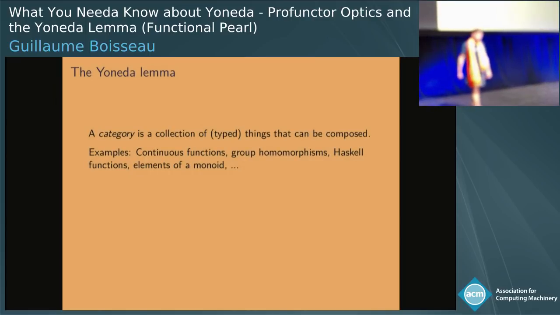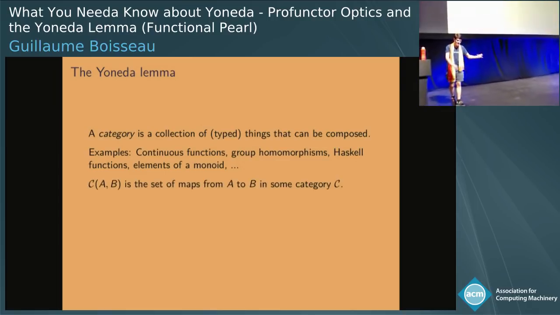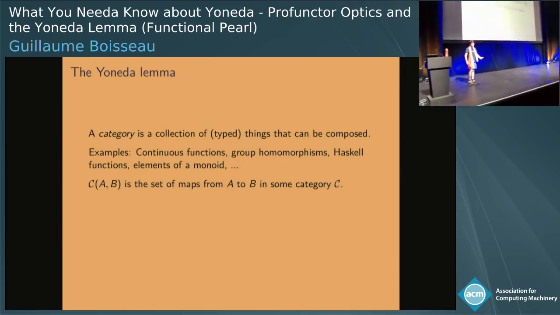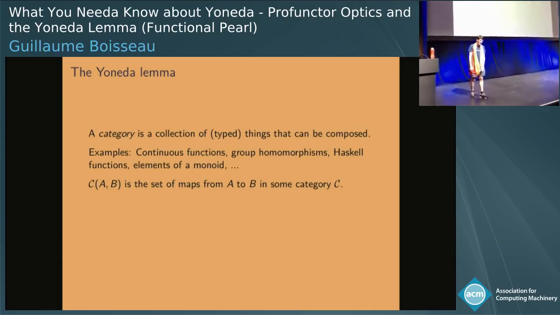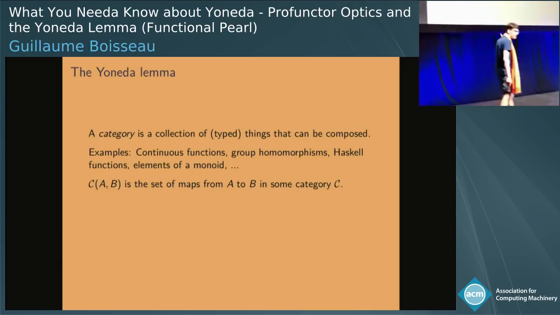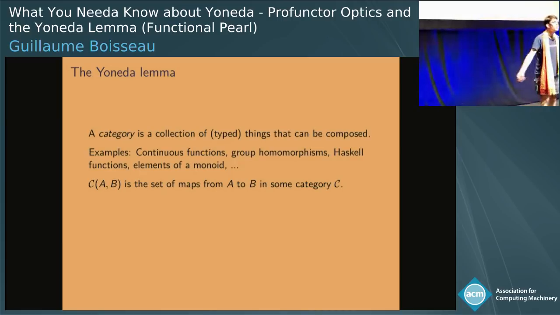In general, those things have types, so they have a source and a target. And if I have a source and a target A and B, I will write A, B for the set of all maps. Now let's try to understand what I meant by probing from all objects earlier.